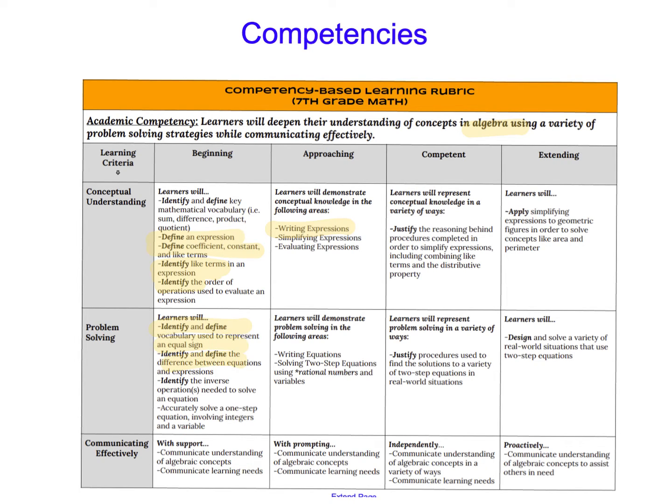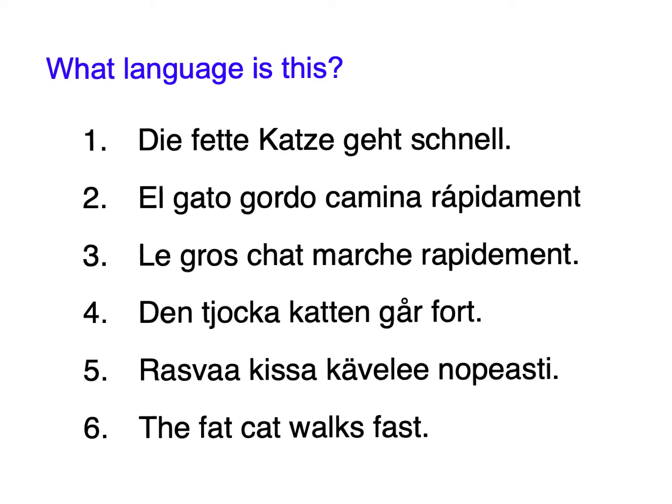Down here we have vocabulary as well, and we're going to be writing equations in 3.2. So a lot of this we're going to be doing just in 3.1 and 3.2, and the rest of it later on in this unit. So we're working on a new competency. Take a moment, pause the video, and see if you can figure out which language each of these are.